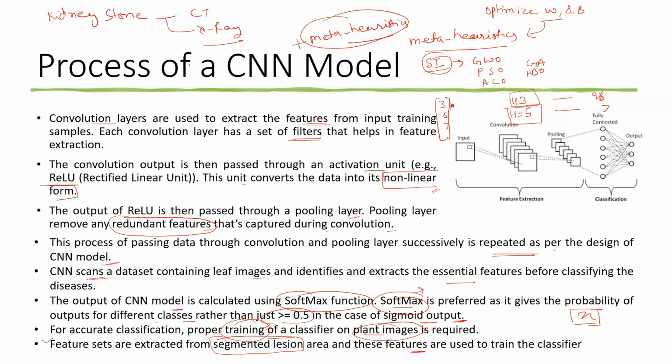It is very important that a good segmentation technique is applied on these X-ray images as well as on CT scans, or any other images like radiographs you have. So you have to apply segmentation in order to identify the particular area in which the kidney stone is. So labeling is very important, segmentation is very important. All these things clubbed together make the system learn very well.